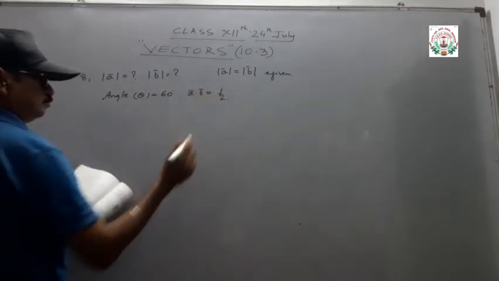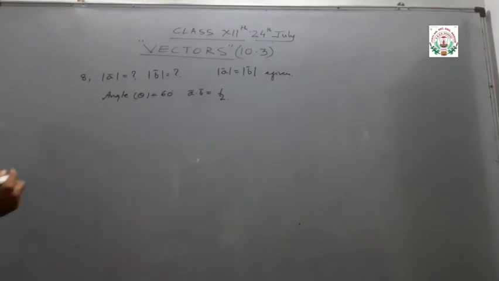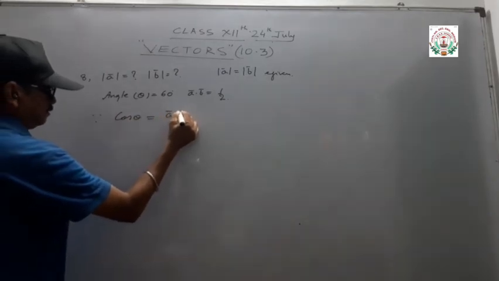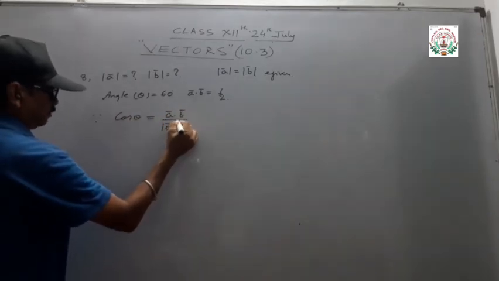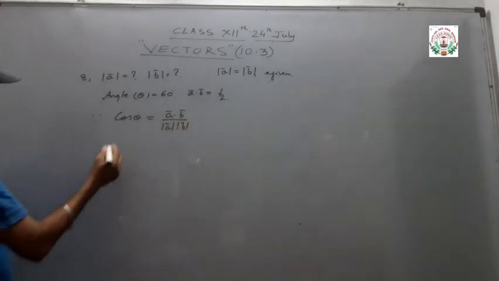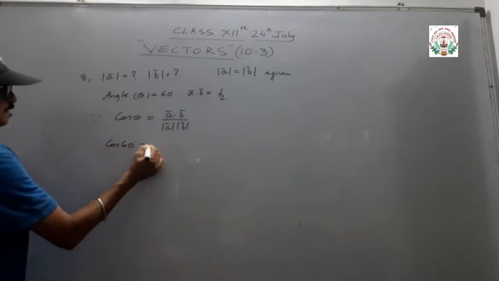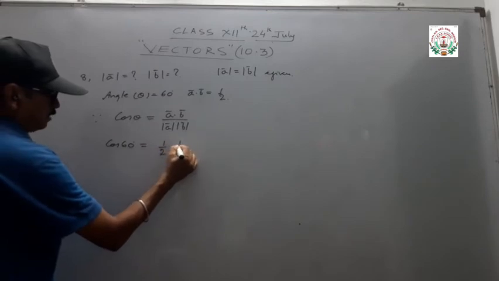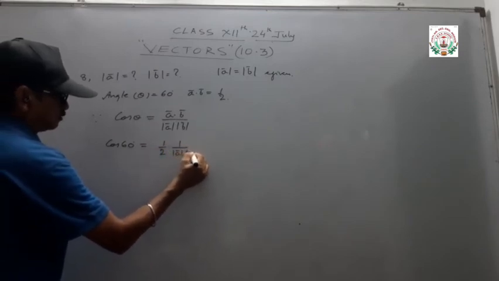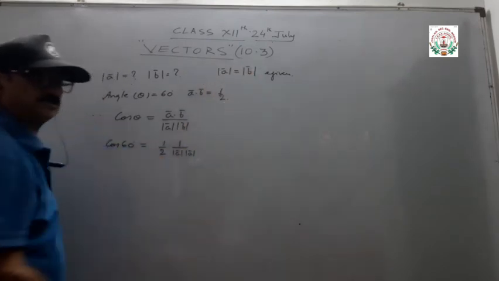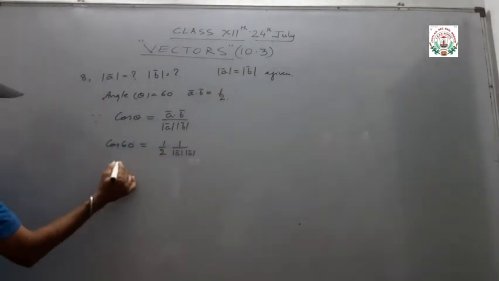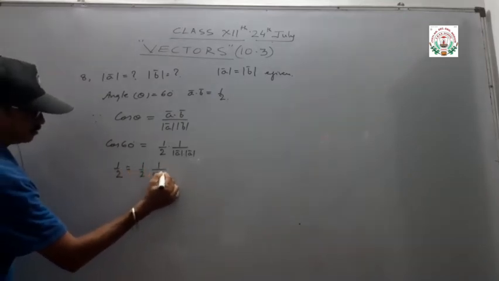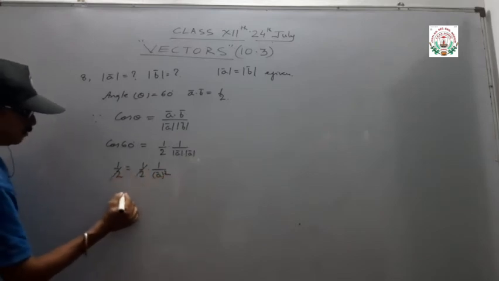their scalar product, that is the dot product, is given as 1 by 2. As we know, the angle between the two vectors is given by cos theta equals A dot B upon modulus of A modulus of B. So cos theta, where theta is 60 degrees. A dot B is given to us as 1 upon 2, divided by the modulus of vector A times modulus of vector B. As vector A magnitude is equal to vector B magnitude, cos 60 is 1 by 2, into 1 upon the whole square of vector A. 1 by 2 cancels.